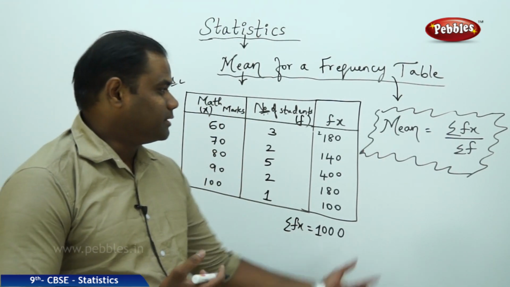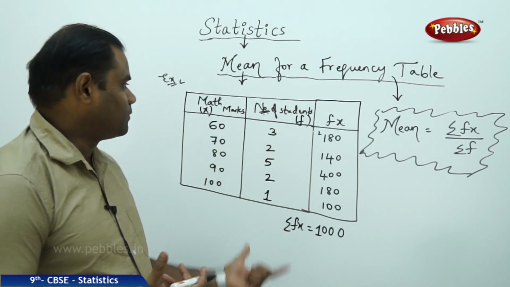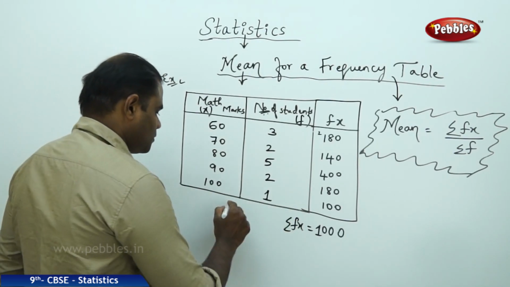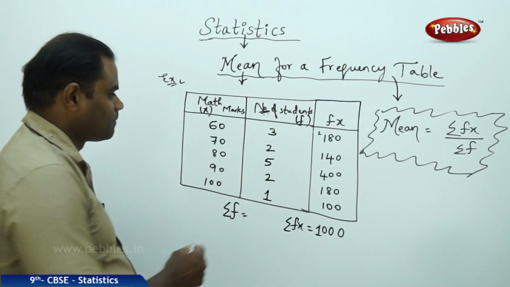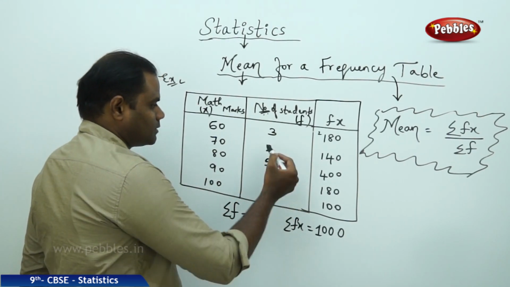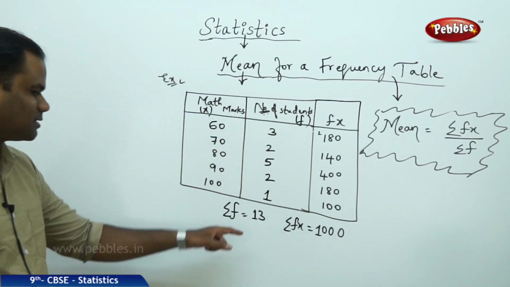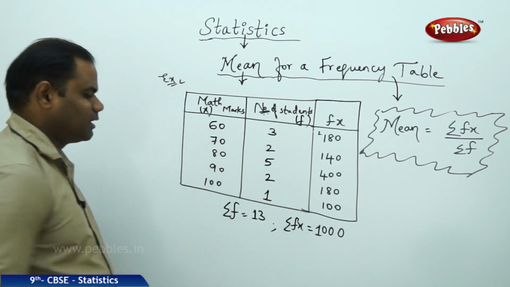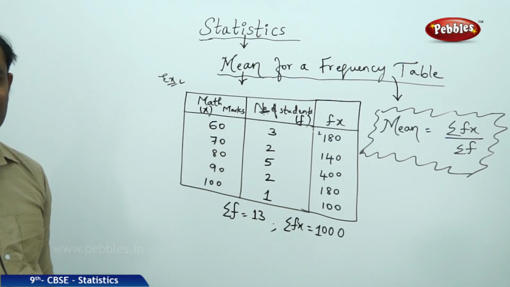Now next, I need sigma f. And sigma f is the sum of all frequency, and hence I add up all the frequency out here so that I get sigma f: 5, 6, 7, 8, 9, 10, 13. So here I have my sigma f and my sigma fx, which I'm going to use in the mean formula.